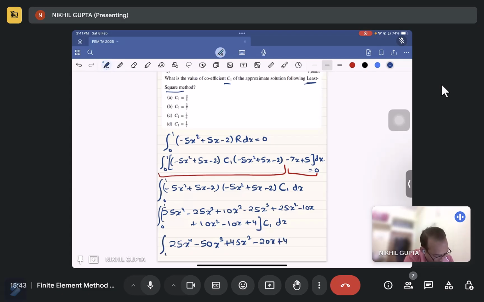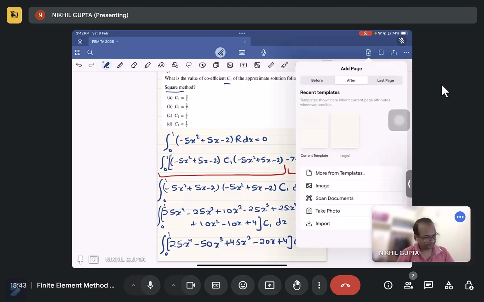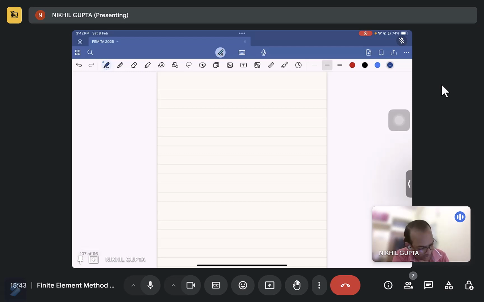Now we can integrate this with dx. We integrate and then divide by the integrated results. This is 5x minus 25 by 2 x power 4 plus 15x cube minus 10x square plus 4x from 0 to 1.